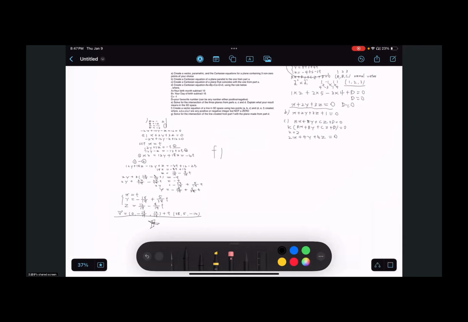So for this question, we need to create 2 points first. So let's use the points 4, 7, 9, and point 12, 13, and 16.